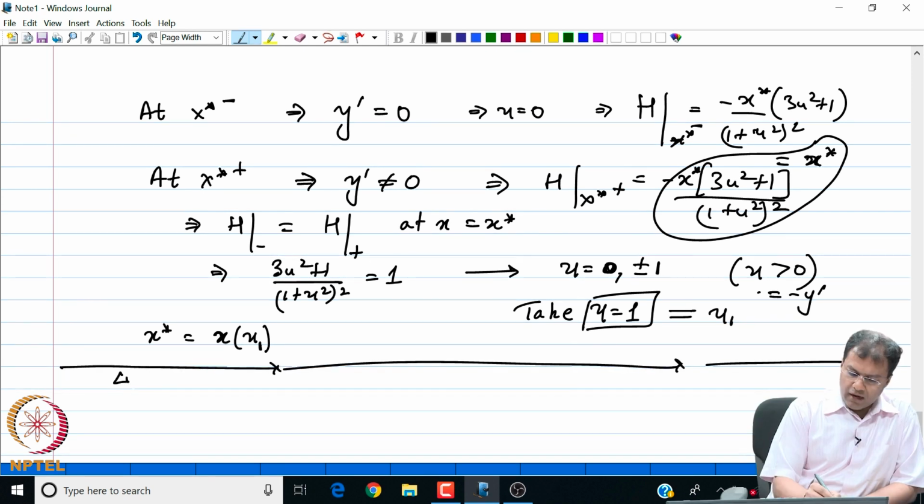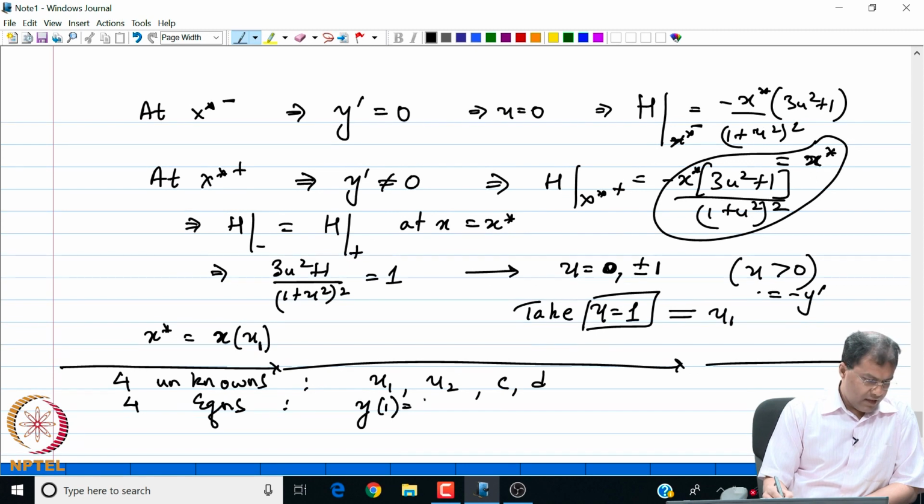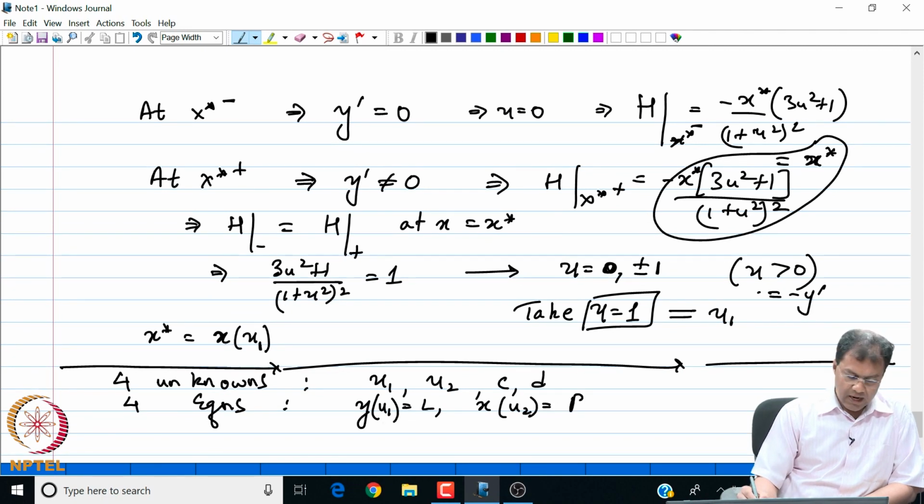We have four unknowns, u1, u2, c and d, and we have four equations given by y of u1 is L, x of u2 is equal to r, and y of u2 is equal to 0.